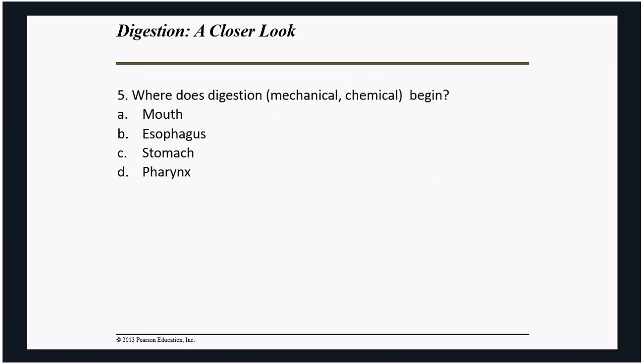So here's a question. Where does digestion, both mechanical and chemical, begin? So here's two terms that have to do with digestion. Mechanical means that food is physically being made smaller. So chewing it up is making it smaller.